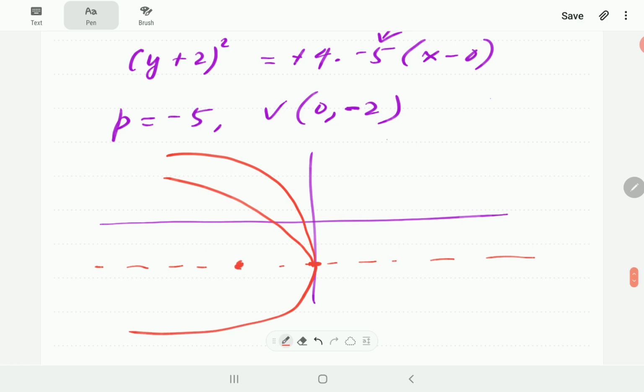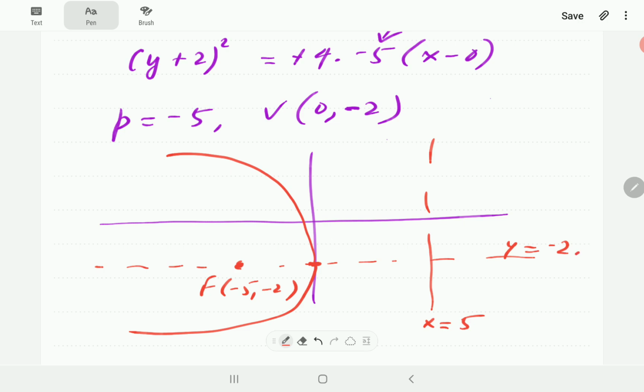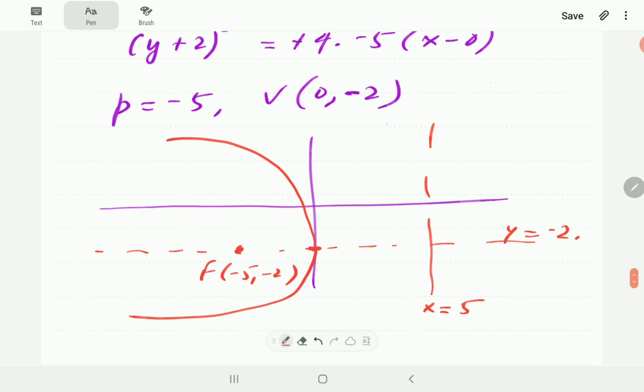So that means the focus is going to be somewhere here, dictated by the value of P. So that means the focus is going to be at -5, -2. And then this side, x equal to 5, is going to be the directrix. And of course the axis is y is equal to -2. Okay, so that is that one.